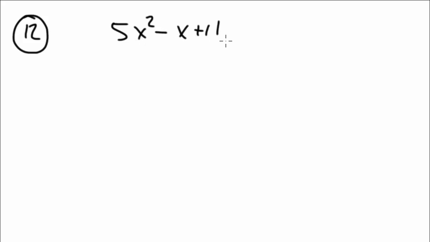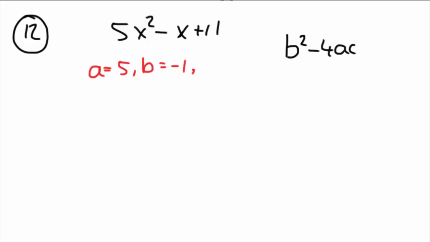Next question is question 12. The nature of the roots, that's this equation here. See the discriminant? That was that part of the quadratic formula. So it doesn't give you the roots, it just tells you the nature of the roots. So what we do here is we substitute these values in. A equals 5, B equals -1, remember always look at the sign outside, and C equals 11.